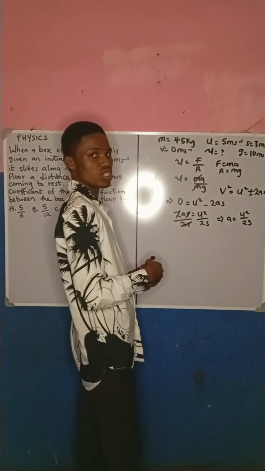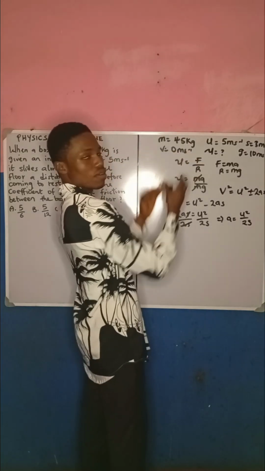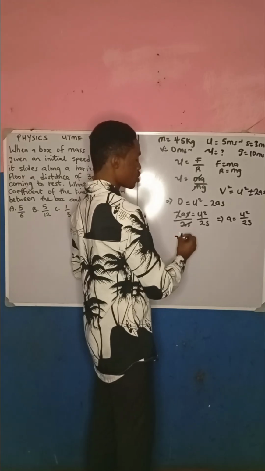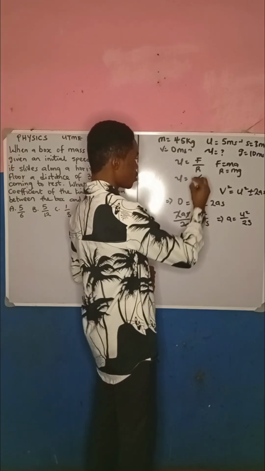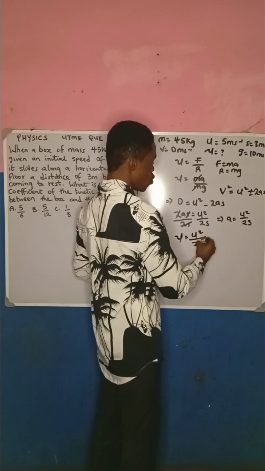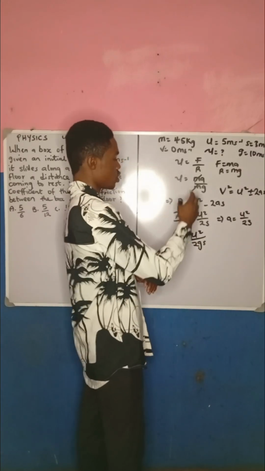Now let's quickly substitute into this formula to get the formula for this particular problem that we have here. So we have coefficient of friction equals U squared over 2gS. We are there. So let's substitute.